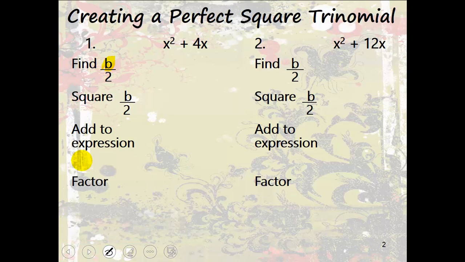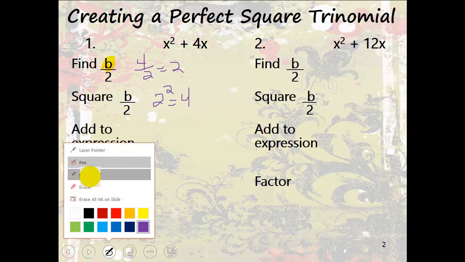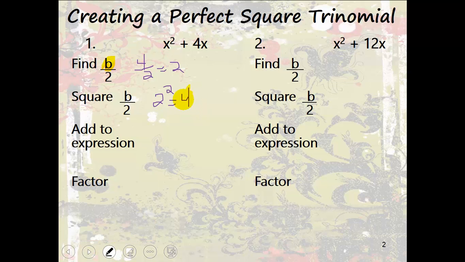So B divided by 2, that's 4 over 2. That equals 2, right? Now we're going to square it. 2 squared, well, that equals 4. Then we're going to take 4, and we're going to add it to this original expression. So I get x squared plus 4x plus 4.